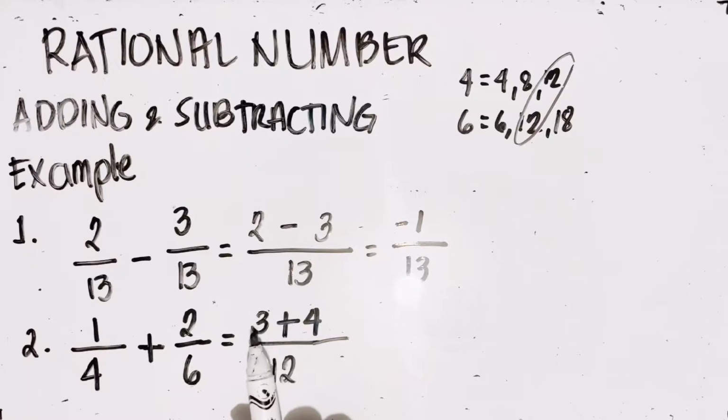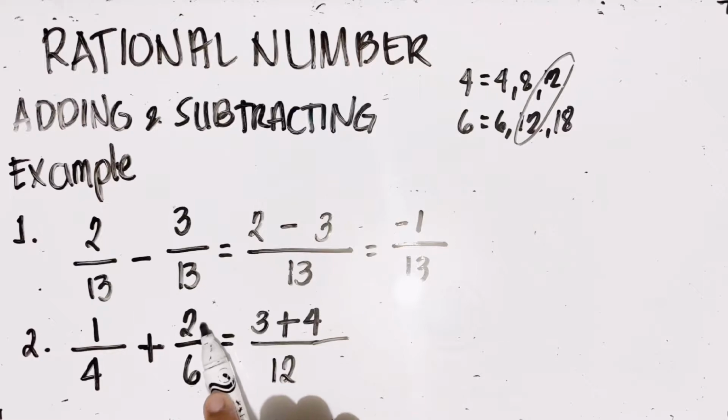Again, how did I get 3 and 4? First, I get 3 using this method. Divide the new denominator by the old denominator. So, 12 divided by 4 is 3. 3 times 1 is 3. For 4, that's 12 divided by 6 is 2.